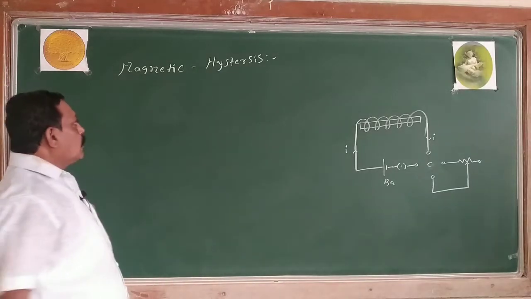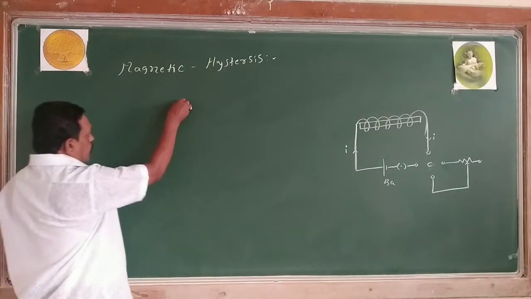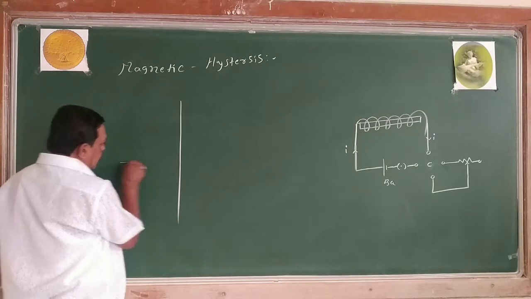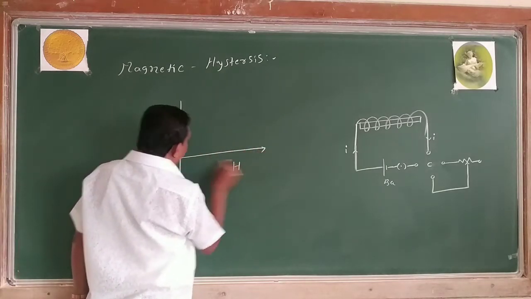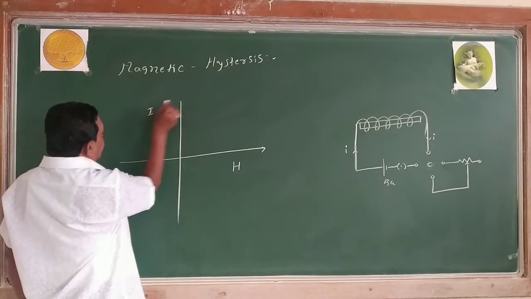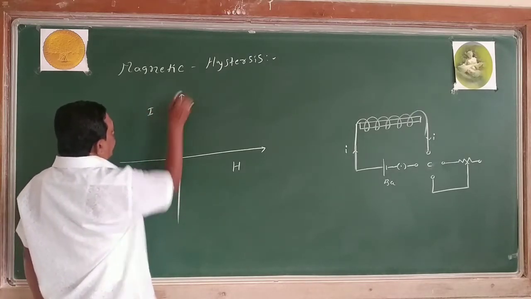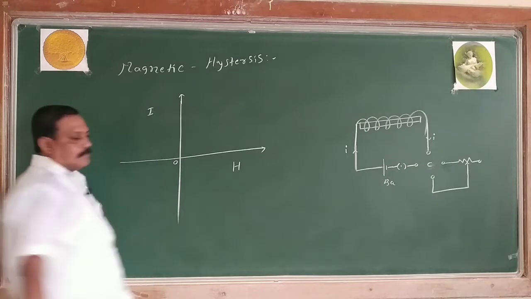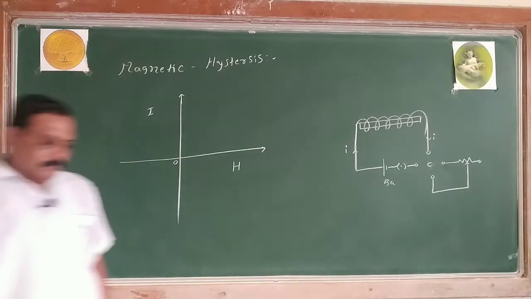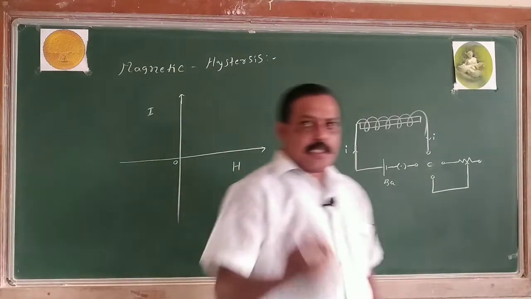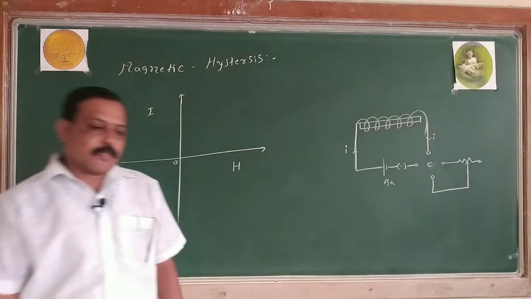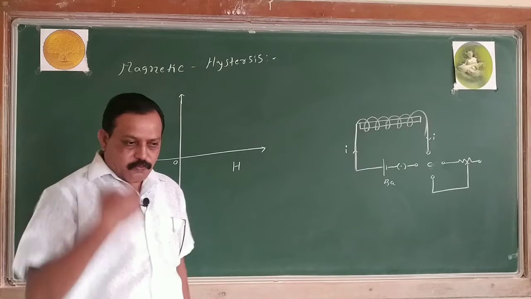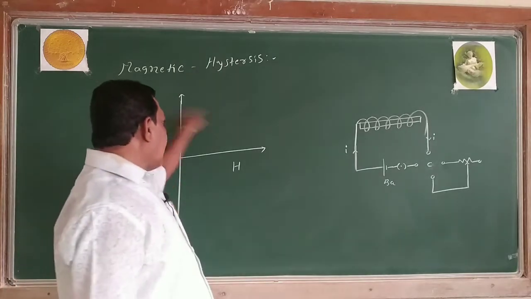So I represent the cycle of magnetization with the magnetizing field H and intensity of magnetization I. Now this is the origin. When a ferromagnetic substance is taken through a cycle of magnetization, there is a variation of intensity of magnetization with respect to the magnetizing force, and it is represented graphically.